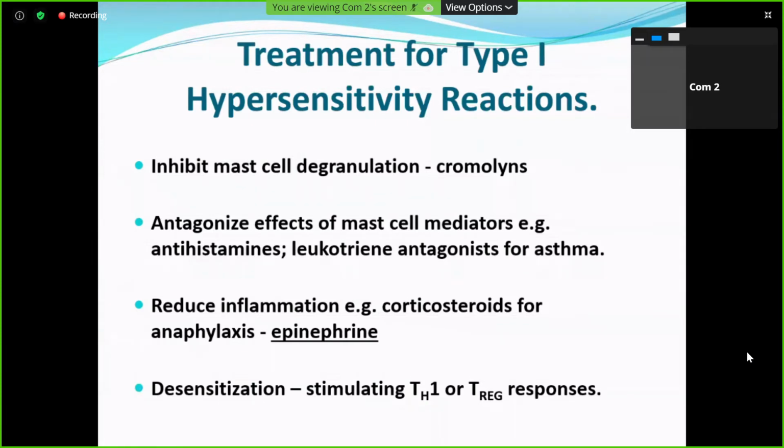And this is how you get predominant Th1 or Th2 type reactions. So by trying to divert the cellular immune response away from Th2 through the promotion of these Th1 cytokines, namely interferon gamma or IL-17, you can then skew the immune response towards non-allergic type reactions.